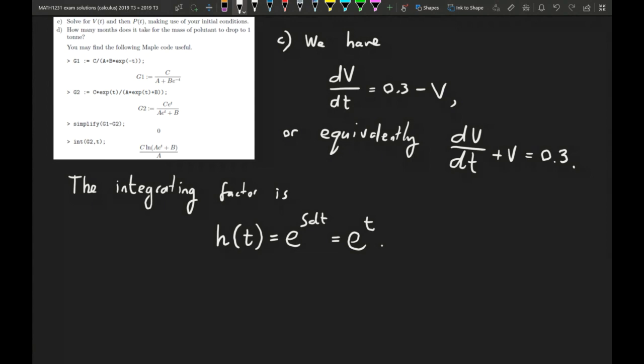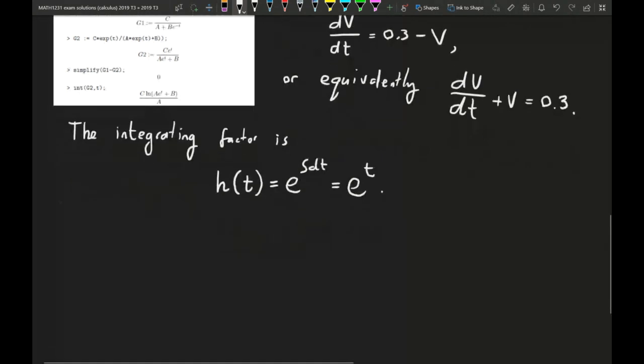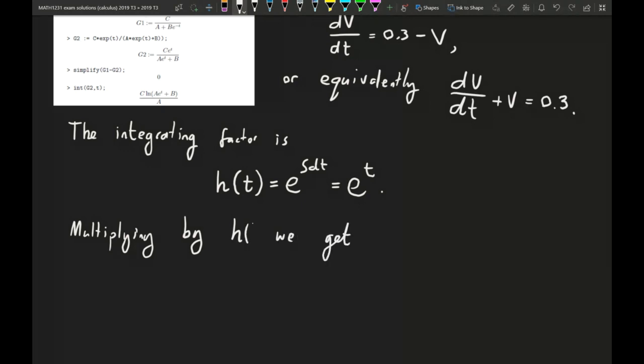Now, you can very quickly get to the answer, but I really like the way the integrating factor works. So I'm going to explicitly write down what's happening. Multiplying by h of t, you do get e^t dv/dt plus e^t v is equal to 0.3 e^t.